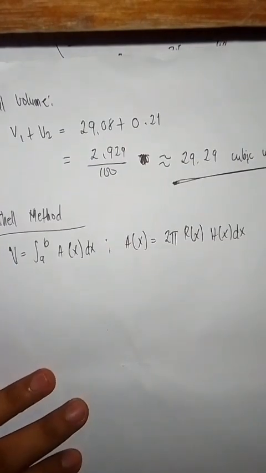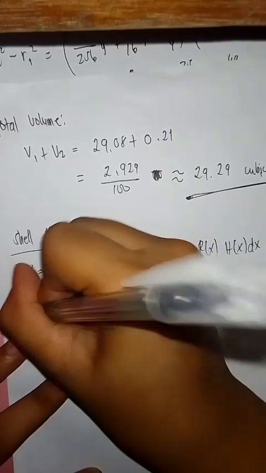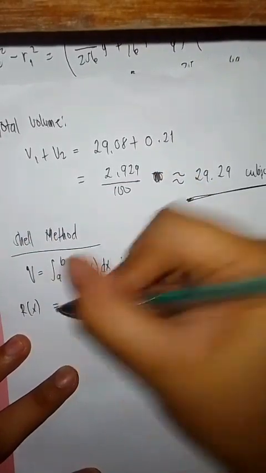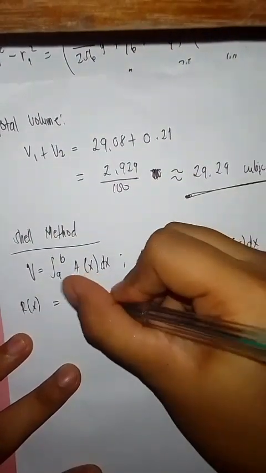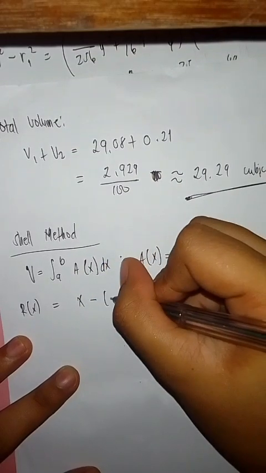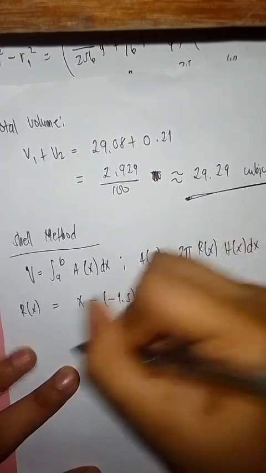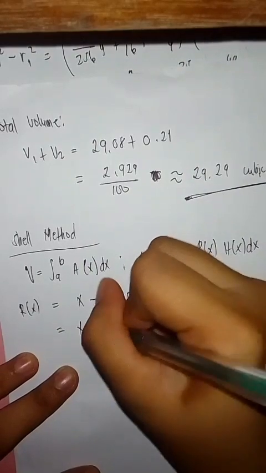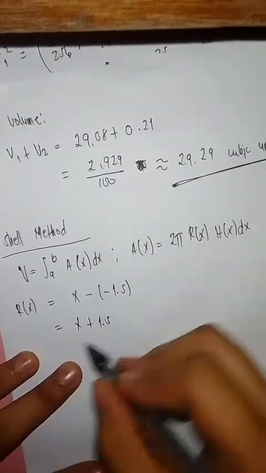We'll now get first the r(x). So our r(x) is equal to x minus negative 1.5. So this will become x plus 1.5.